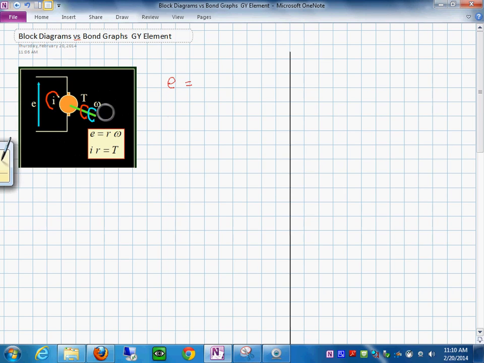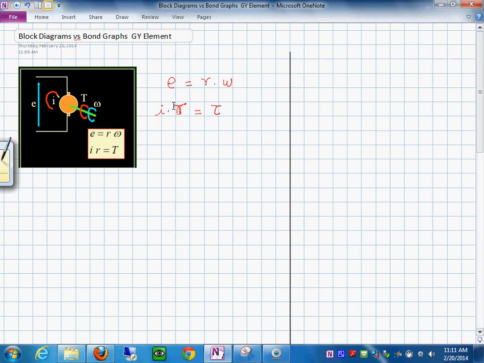So E is some motor constant, which we're going to call R, times the angular velocity. So we have one equation that relates the voltage to the angular velocity, but we also have, on the other hand, the current multiplied by R, the modulus here, is equal to the torque.